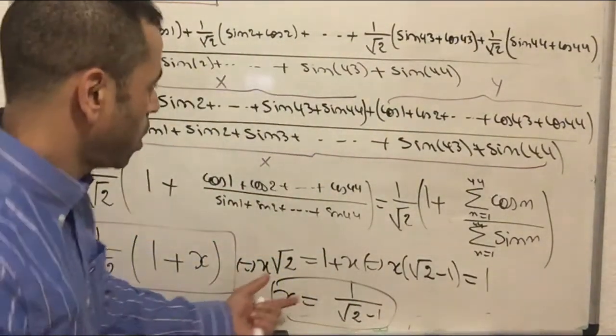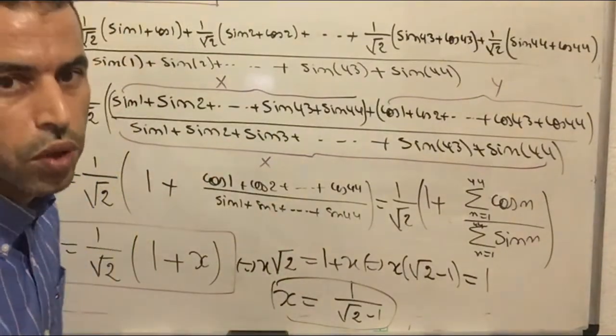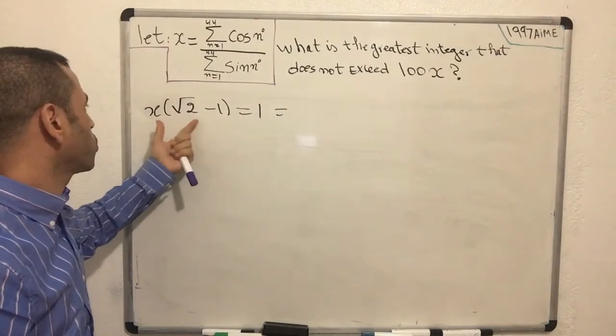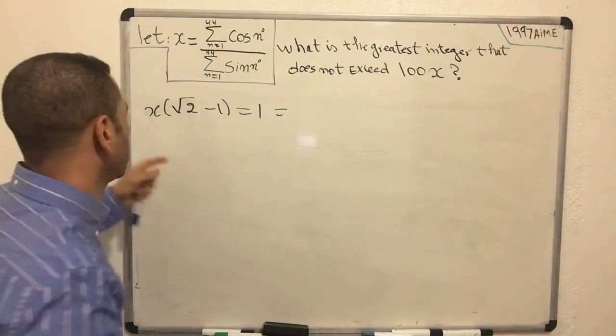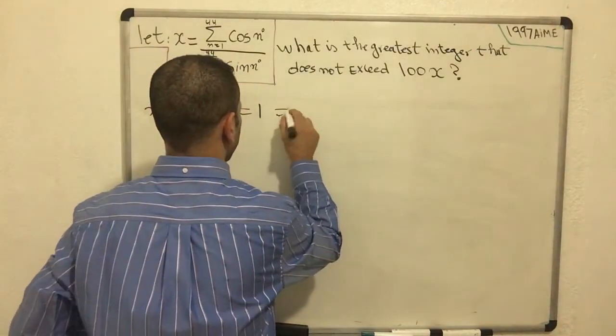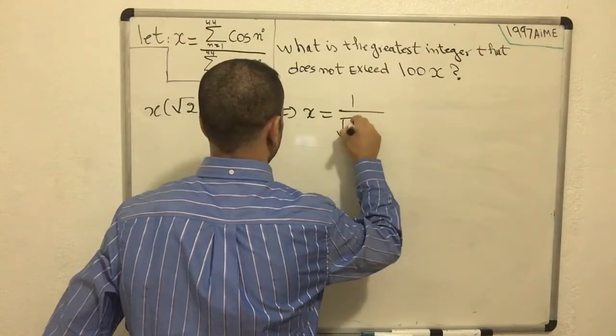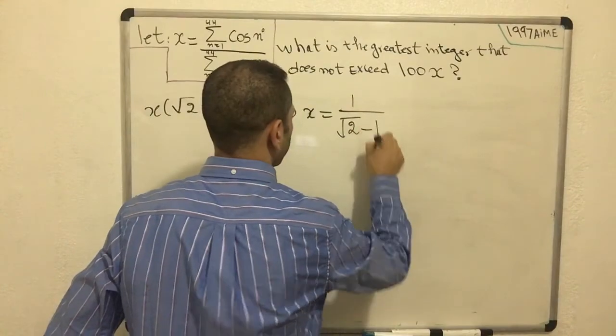Now I put this at the top and continue with our problem. I found x multiplied by (√2 - 1) equals 1, so x equals 1/(√2 - 1).